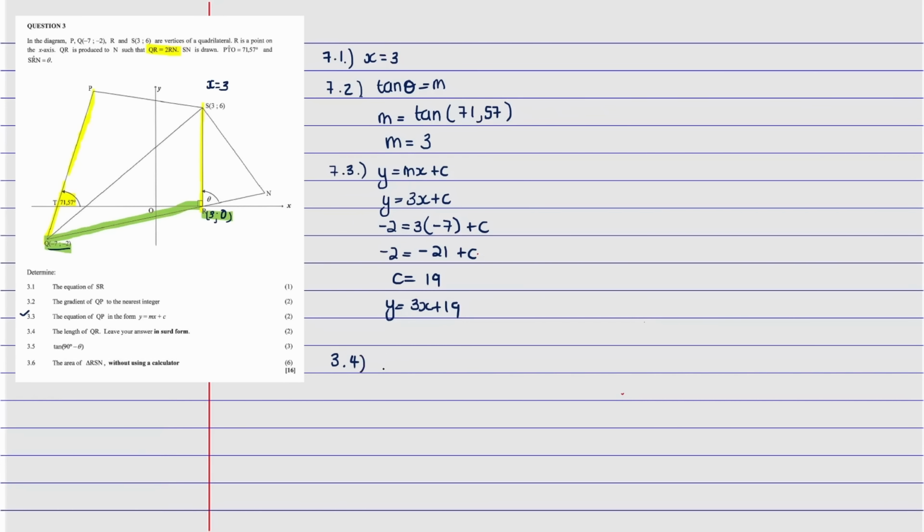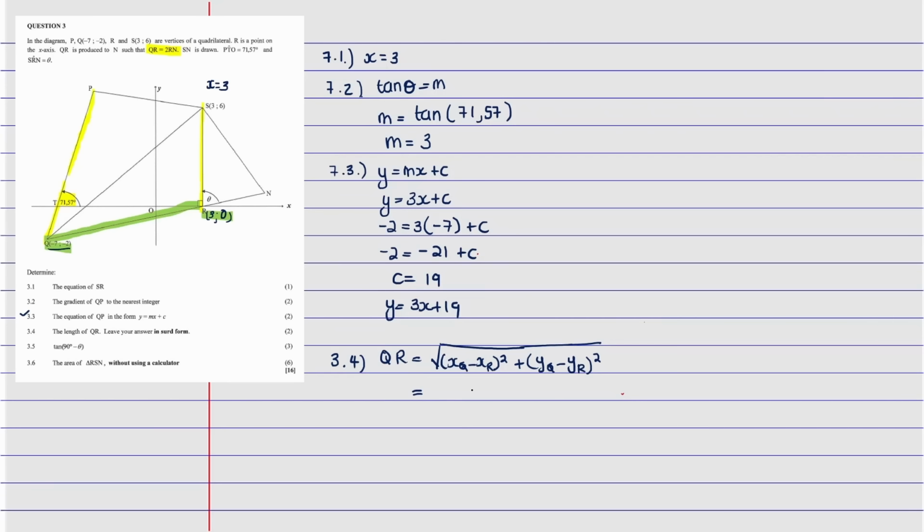So it's the same as saying QR is equal to the distance formula. So you're going to have the square root of XQ minus XR all squared plus YQ minus YR all squared, right?